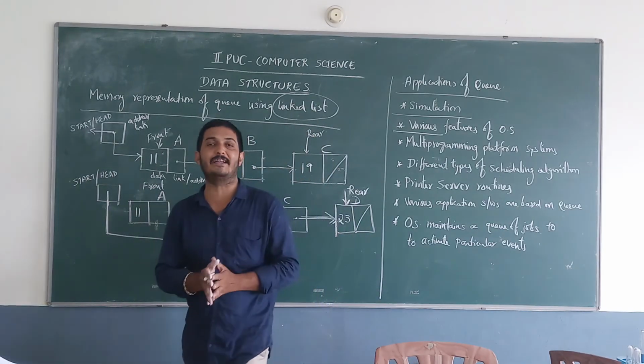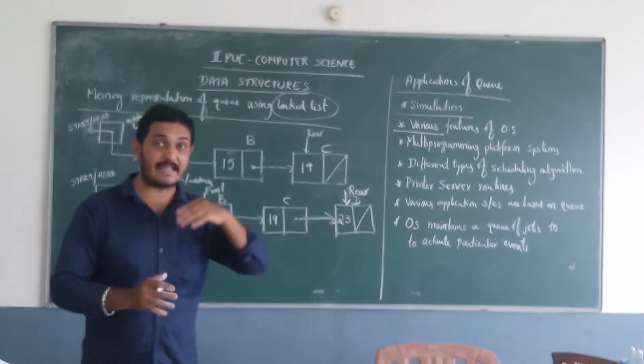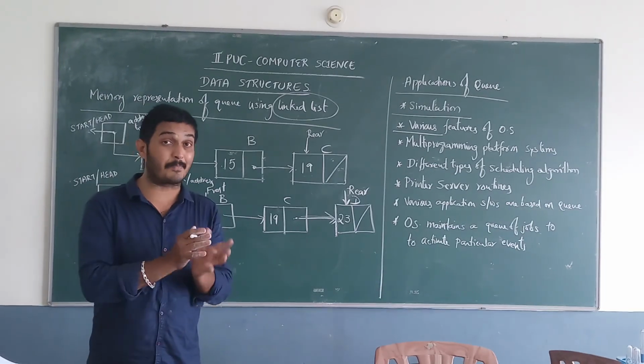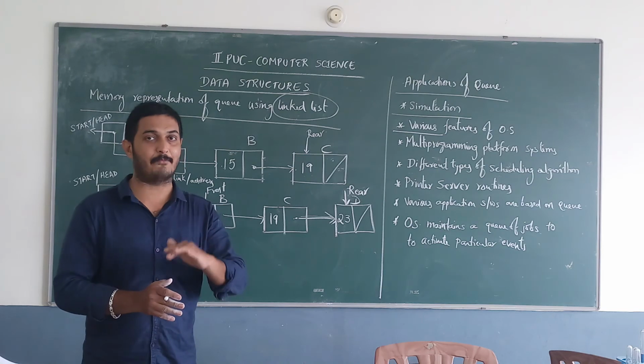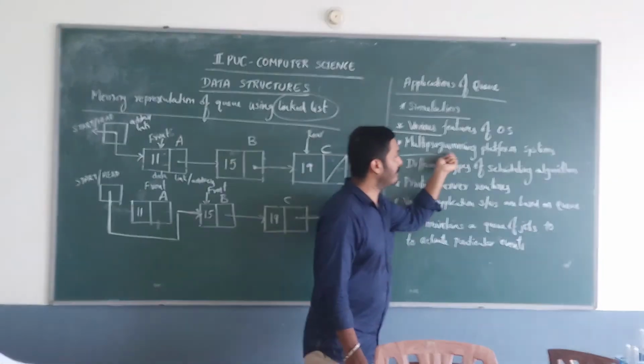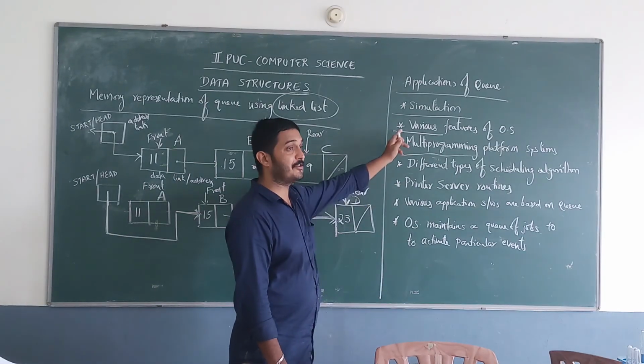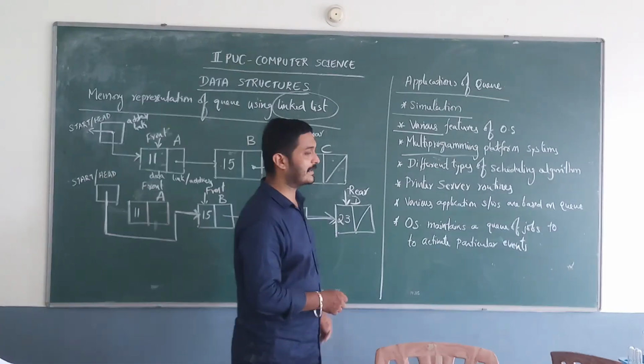Next point is multi-programming platform systems. What do we mean by multi-programming? Multi-programming means using more than one program on a particular platform at the same time, or simultaneously. Under multi-programming platform systems, we use the queue data structure.